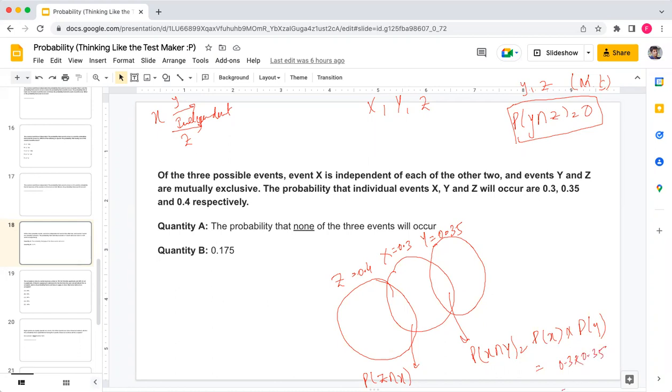That is equal to how much? That is equal to 0.105, right? So this thing is equal to 0.105.